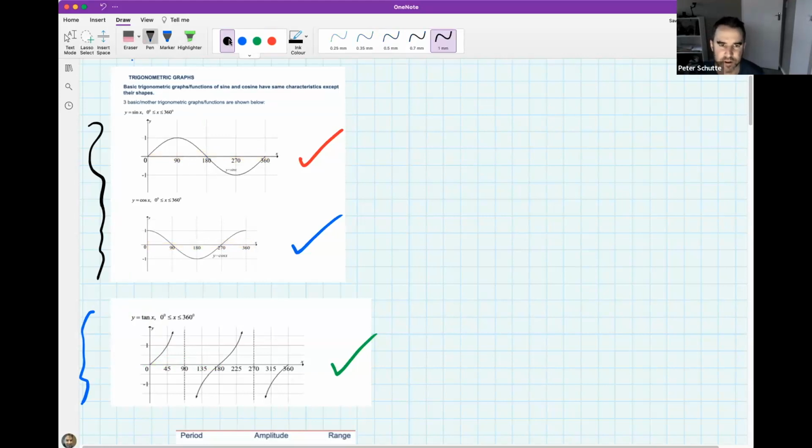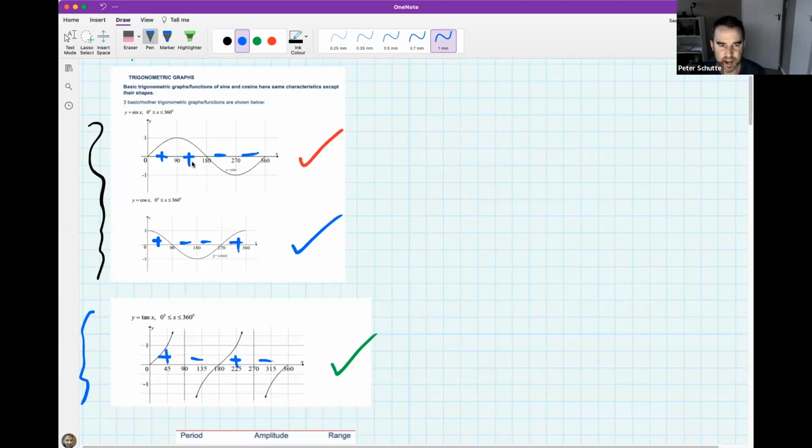The other thing I want to point out is if you look at the behavior of the sine graph, you'll notice that it's positive, positive, negative, negative. And over here for the cos graph, it's positive, negative, negative, positive. And then the tan graph, because it's 90 degrees, goes positive, then negative, positive, and then negative.